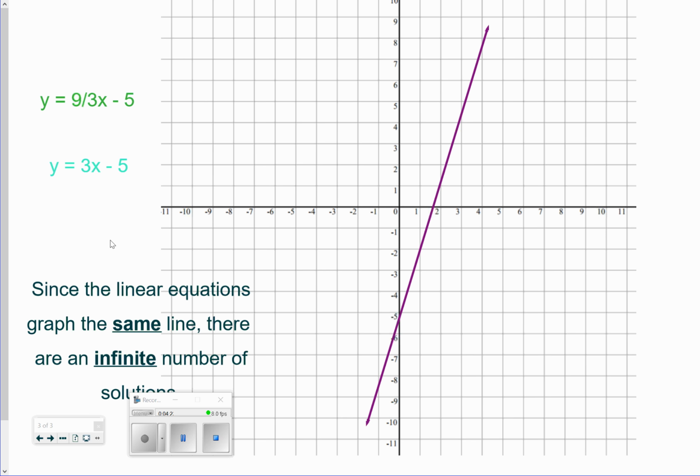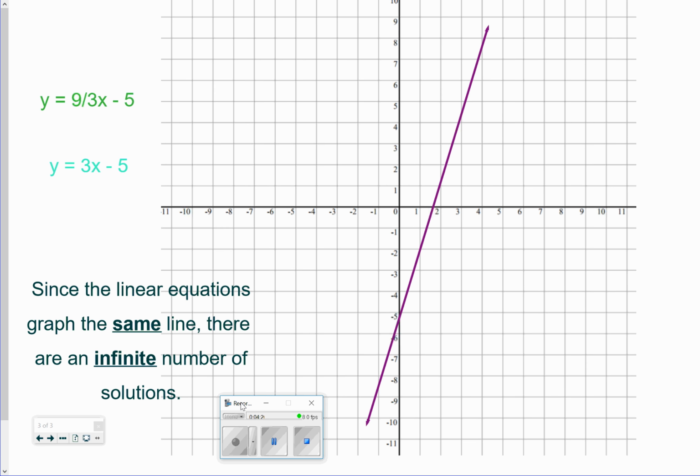So these equations graph the same line, therefore there's an infinite number of solutions. Every point on the line is a solution because it's basically just the same line on top of itself.